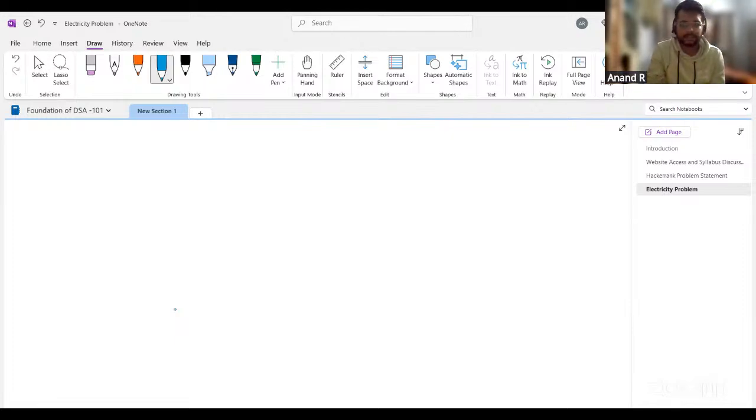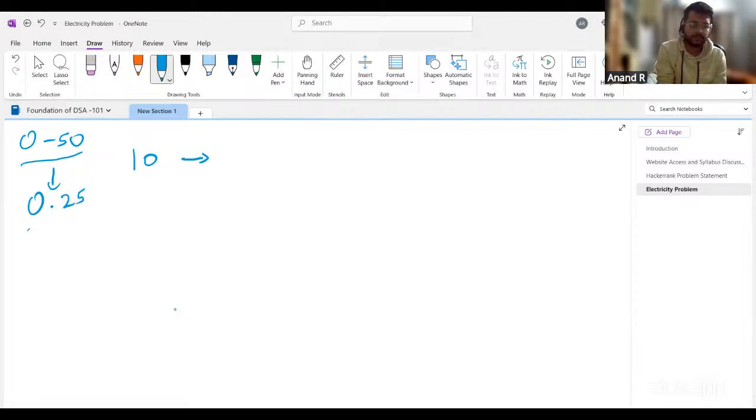So let's say your electricity consumption is 10. Can you help me, what will be the bill for 0 to 50 units? Per unit cost is 0.25. If let's say your consumption is 10 units, how much charge do you have to pay?